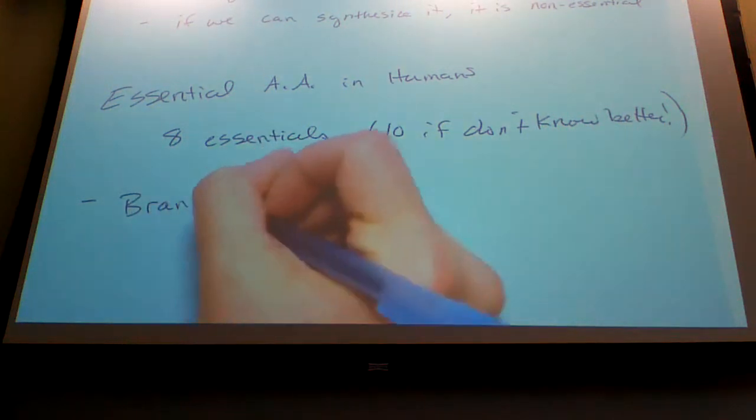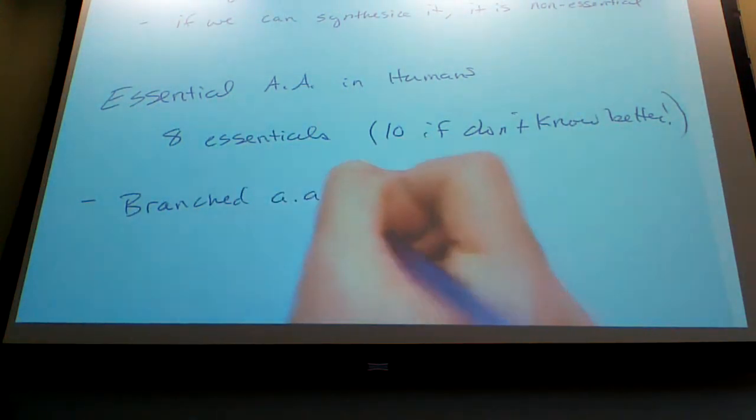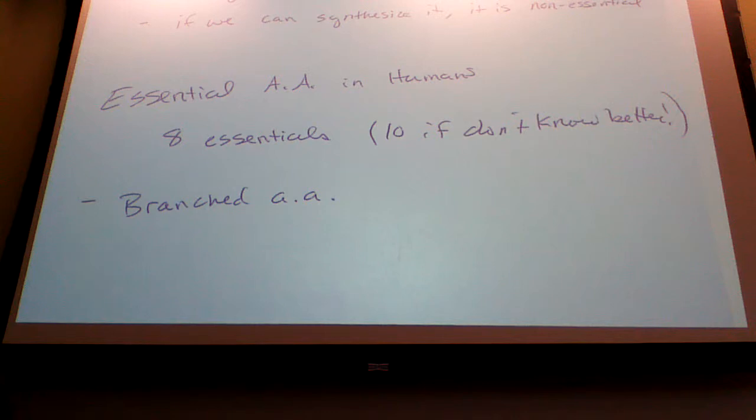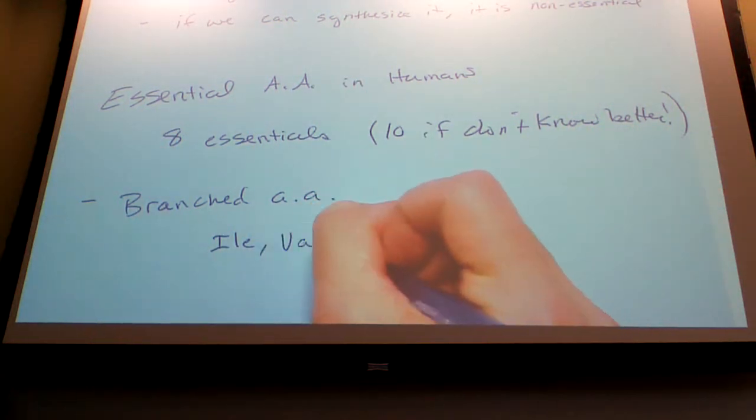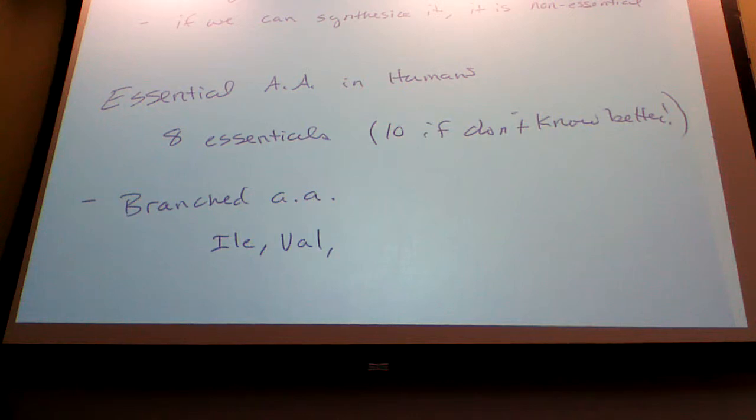They include your branched amino acids. So which amino acids are branched? Isoleucine. Valine. Leucine.